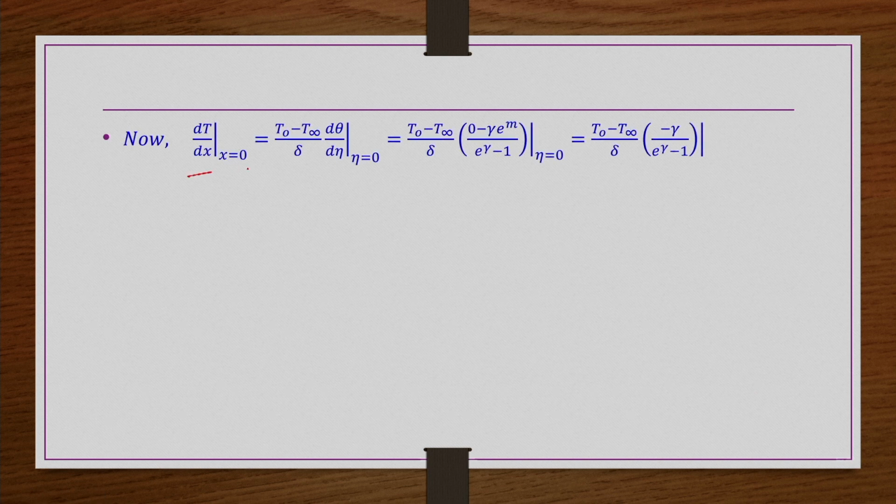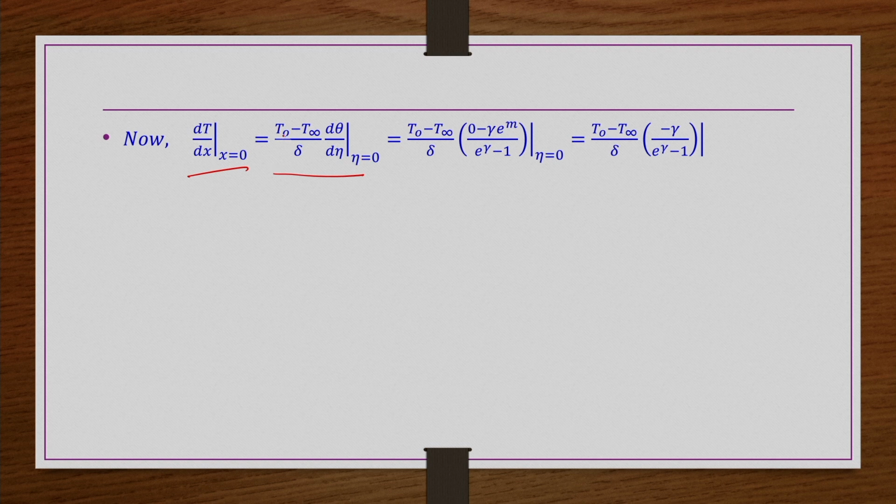But we want dT by dx, because in the relation, h is equal to minus k dT by dx at x equal to 0 divided by T naught minus T infinity, that we have to do. So, dT by dx in terms of theta is nothing but T naught minus T infinity by delta times d theta by d eta.